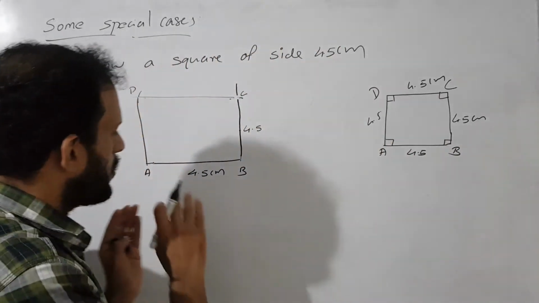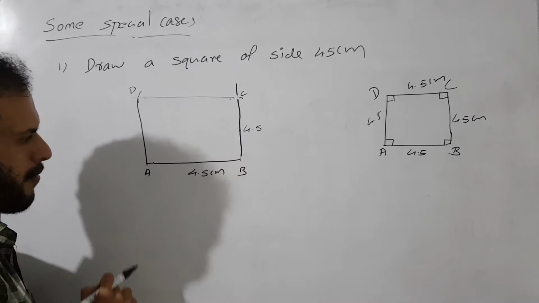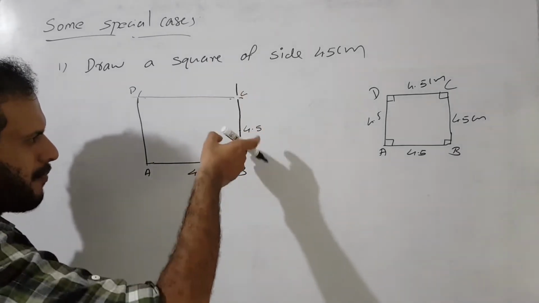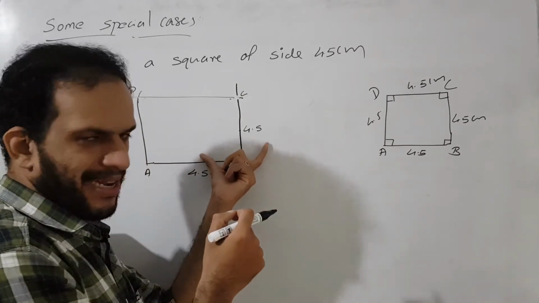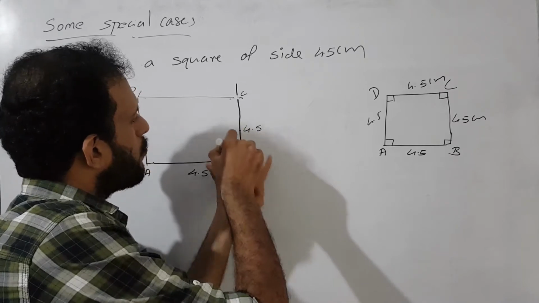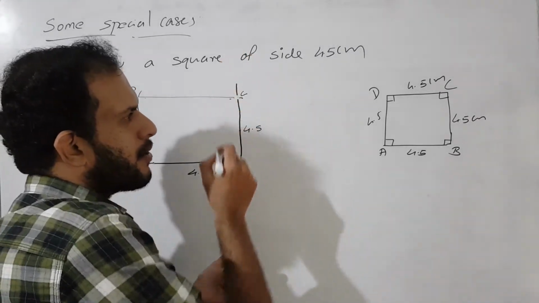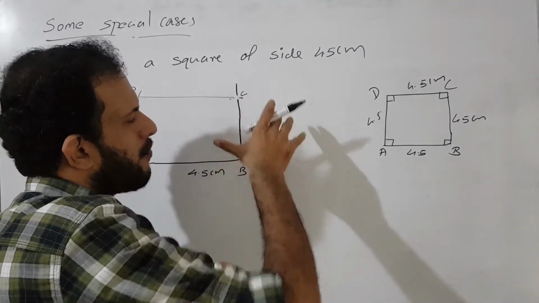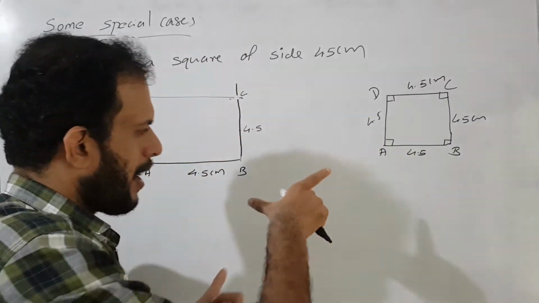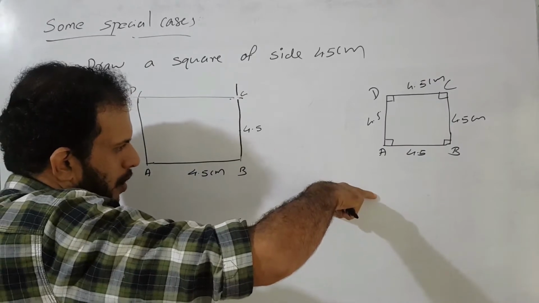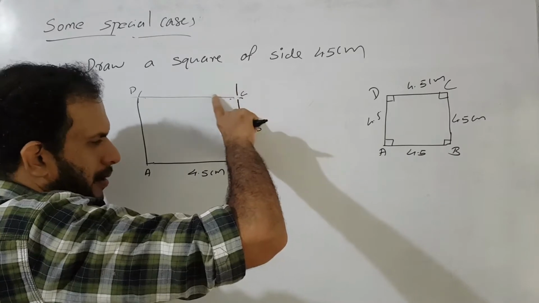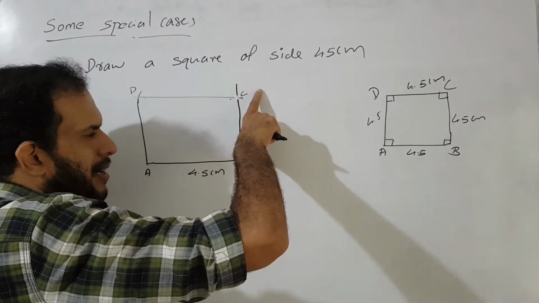How to do it? First we draw one side from any one of the endpoints of the line. We keep the protractor on the edge and mark 90 degree. Through that point we draw a line. Then we cut the line by 4.5 centimeter, taking the 4.5 centimeter on a compass, keeping it on B and drawing an arc to cut the line.